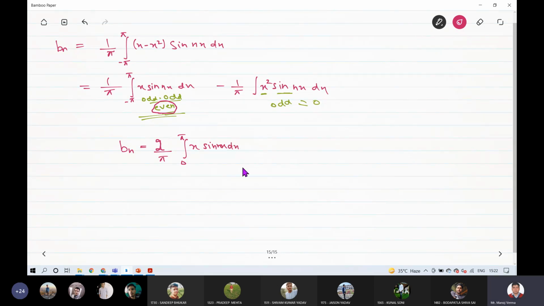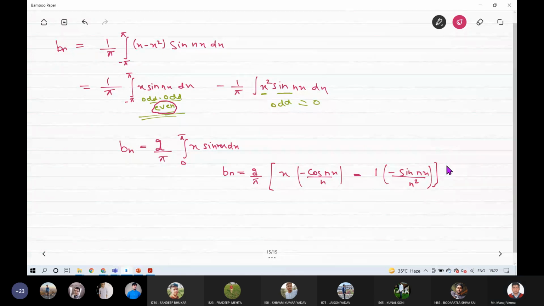So if I integrate this again by using the chain rule, Bn is equal to 2 over pi, the first function as it is, and the integration of the second function, cos nx by n, minus the differentiation of the first function, that will be 1, and the integration of this function, minus sine nx by n square, now 1 n from the previous term and 1 n from the current term, and limits are of course from 0 to pi.